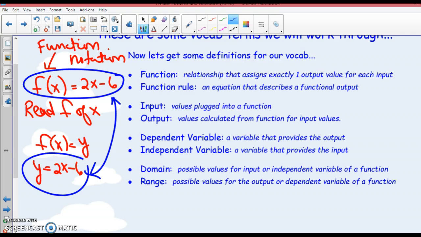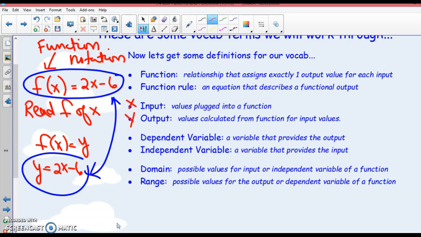Okay, input are values that are plugged into a function, and I'm going to write a big fat X next to that. I want to change the color. Input is X. Output is Y. Dependent is Y. Why would they list them this way?